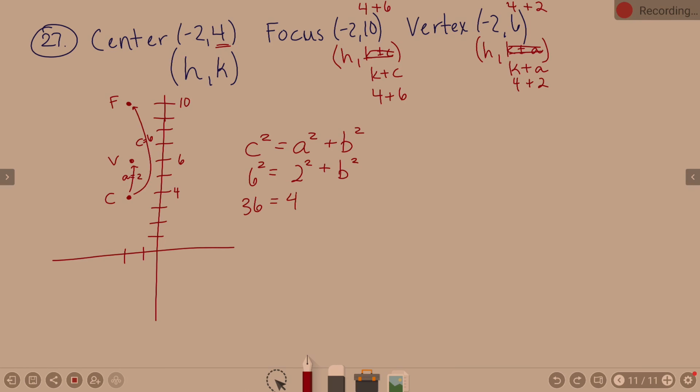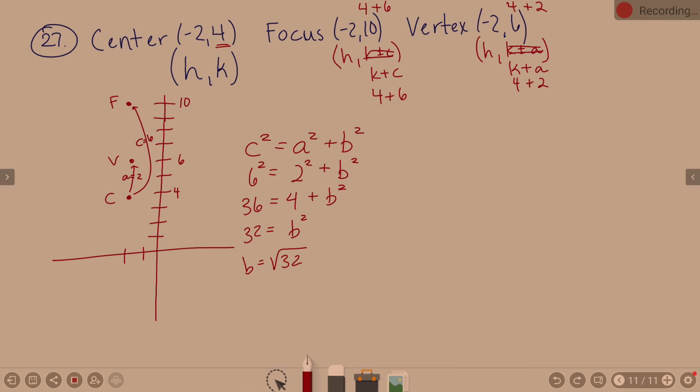So 36 equals 4 plus B squared. B squared is 32. B is the square root of 32. I don't really need to go farther from writing an equation.